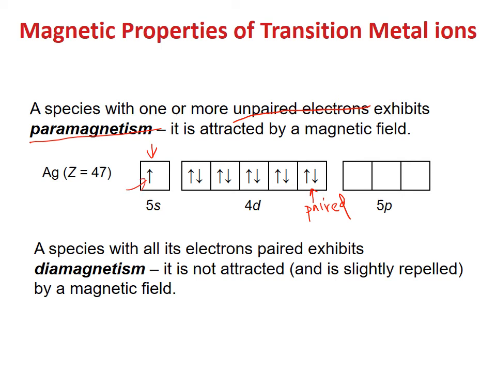So when an orbital holds 2 opposing spins, the 2 small magnets cancel each other. Therefore, a species with all its electrons paired exhibits diamagnetism, and that is, it is not attracted and is slightly repelled by a magnetic field.